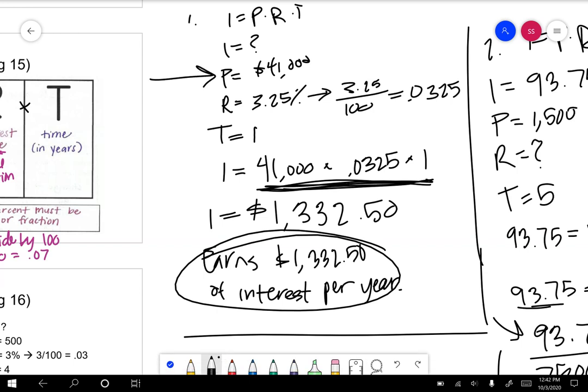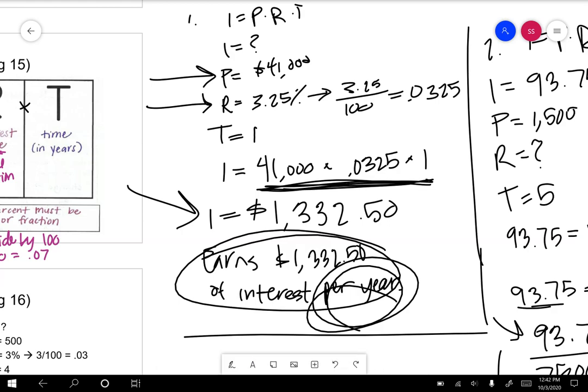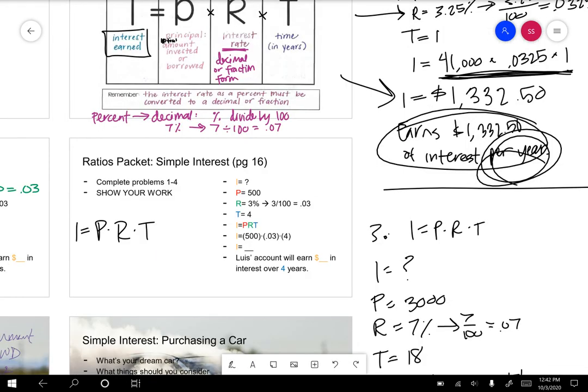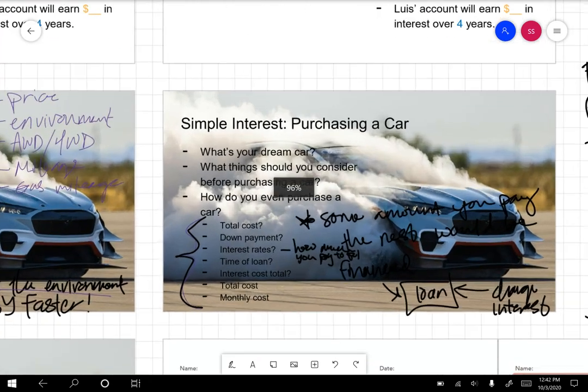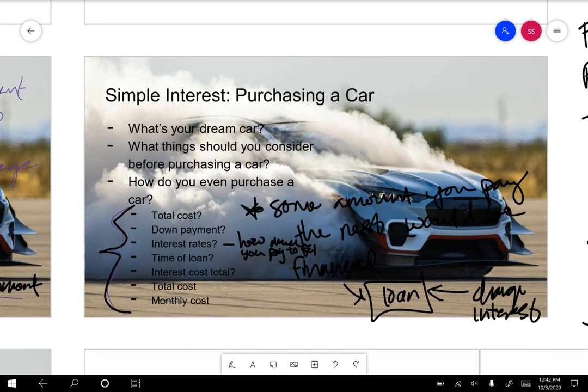If we were to borrow that amount of money and the interest charge rate is 3.25%, it means we're gonna be charged that much every year, right? So it can go against us, right, if we're borrowing money versus saving the money. Okay? So the interest rate can definitely affect how much we pay total.